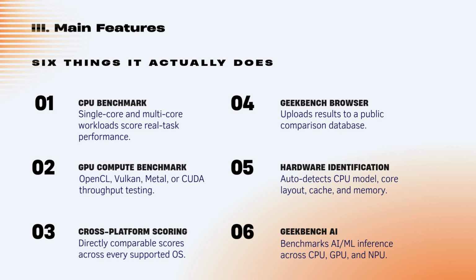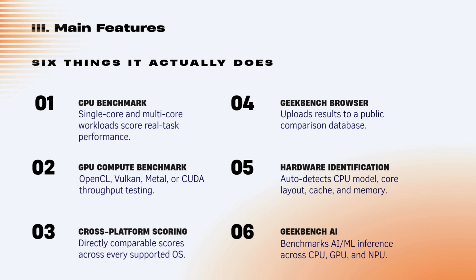First, it measures CPU performance through both single-core and multi-core benchmarks. Second, it performs GPU compute benchmarks using technologies like OpenCL, Vulkan, Metal, or CUDA. Third, it offers cross-platform scoring to allow fair comparison between different operating systems and hardware.